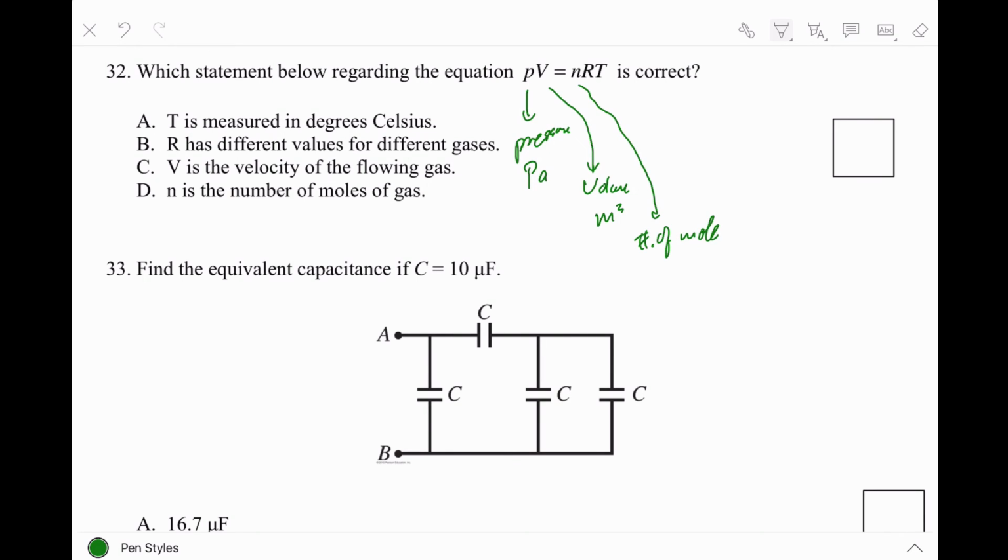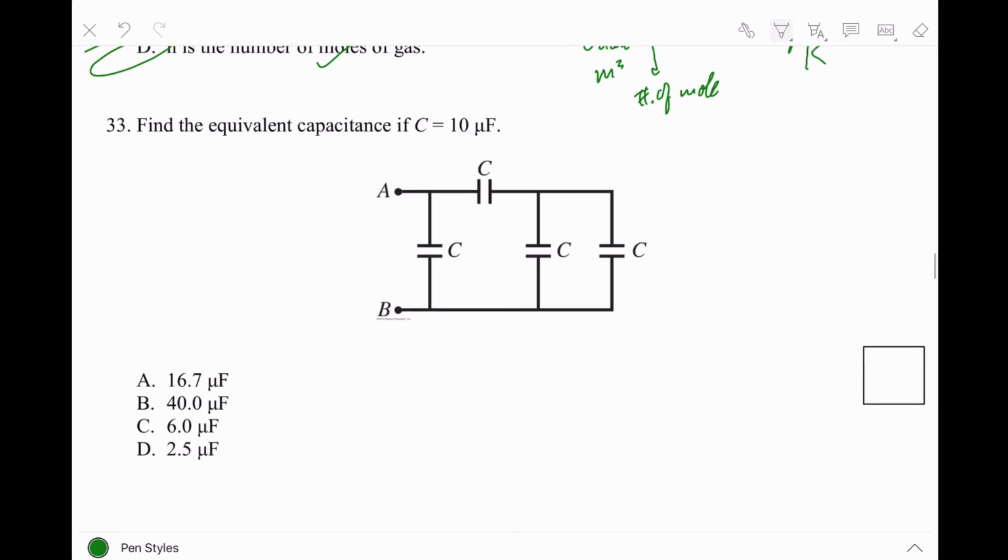So it's just a number. R is a gas constant. It's 8.315. T is, of course, temperature. This has to be in Kelvin. R is a constant. So it's not different. It's not velocity. So this is true. D.